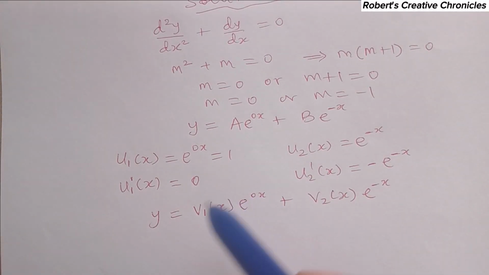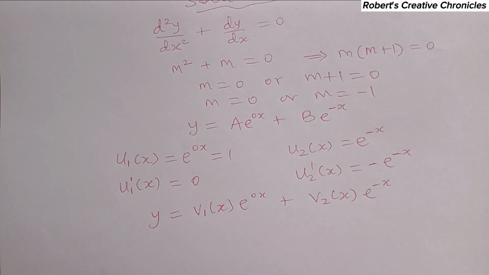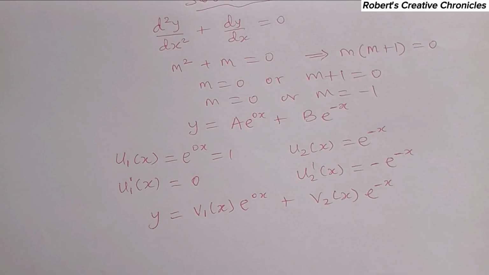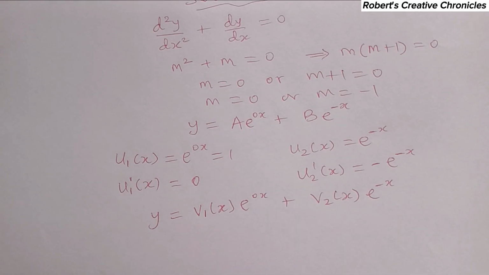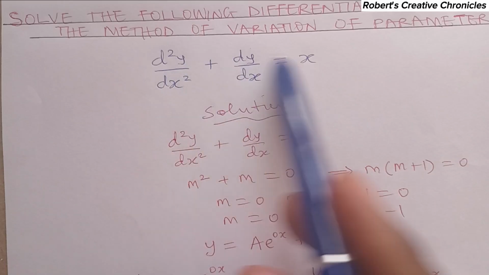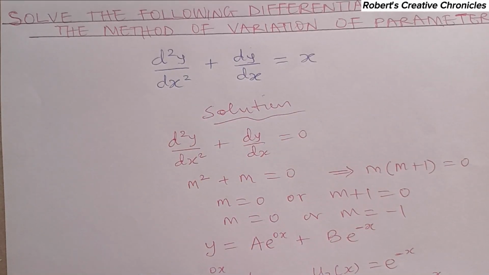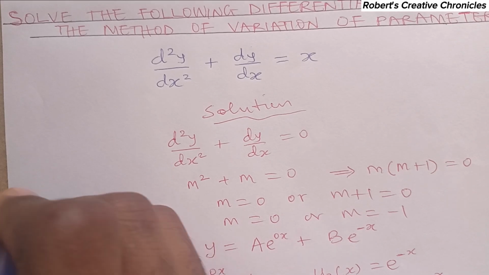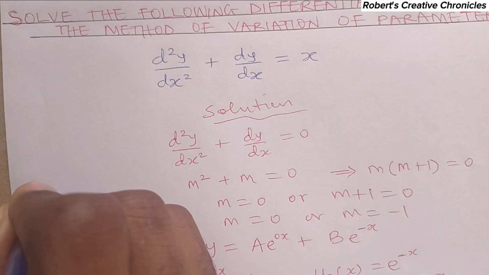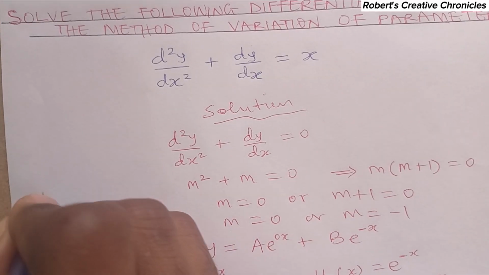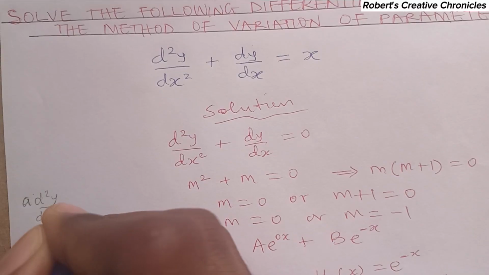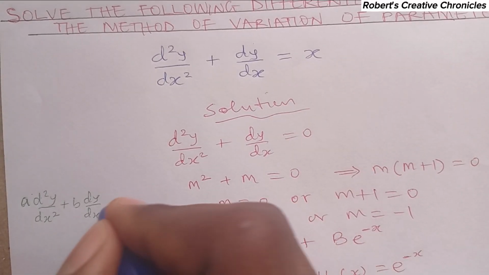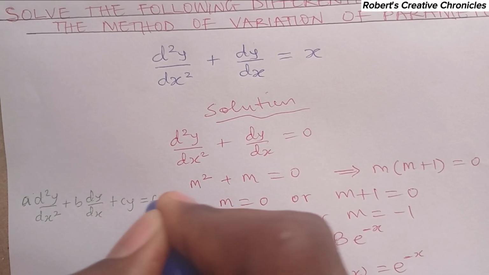Now, in variation of parameters, there are two simultaneous equations we usually solve. So I'll write those equations down. The general form of this equation is a d squared y over dx squared plus b dy over dx plus cy equals f of x.